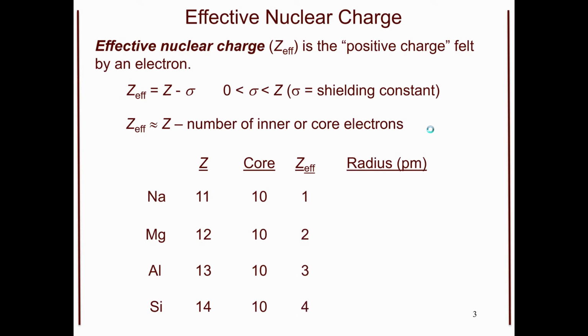This means that we are going to increase our effective nuclear charge as we go horizontally across the row. As you can see, this is going to decrease the radius because we are able to pull electrons closer when they have the same principal quantum number.